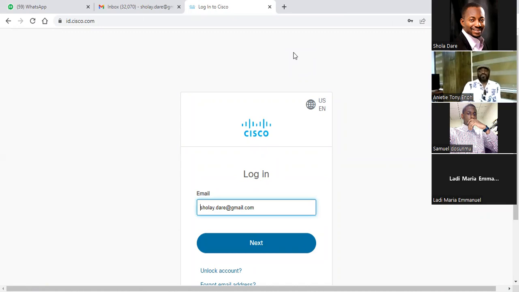The login will bring you to id.cisco.com, where you enter your email address. Now, the same email address you used to complete your registration on the academy, you now enter, and put your password.